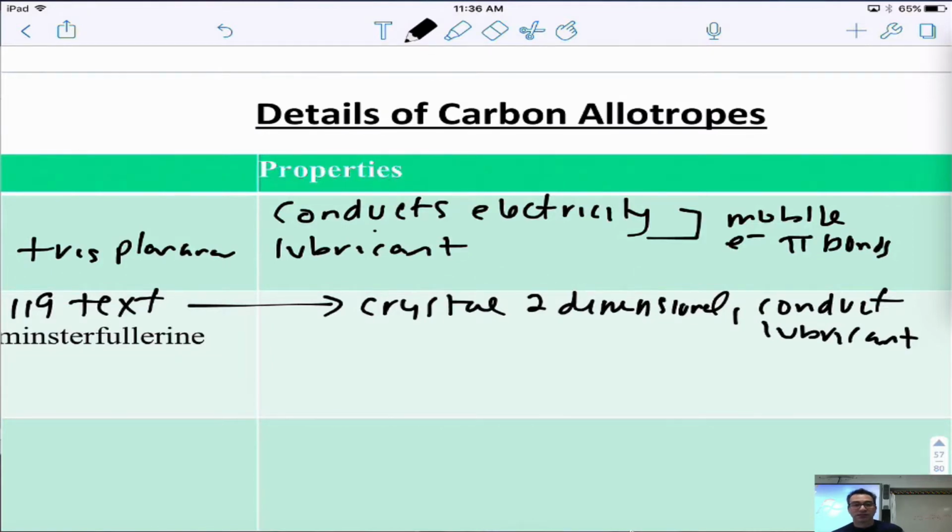People are looking into what they can use graphene for, such as LCD displays, computer displays, because of the conductivity. They're also looking into it for aerospace uses, because it is much lighter than conventional metals, yet it conducts electricity and has incredible strength based on this type of bonding.